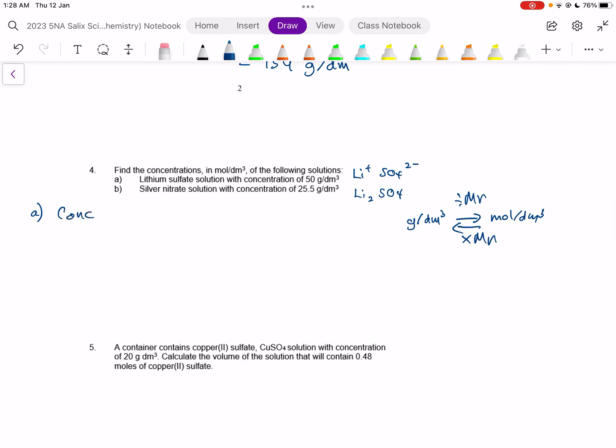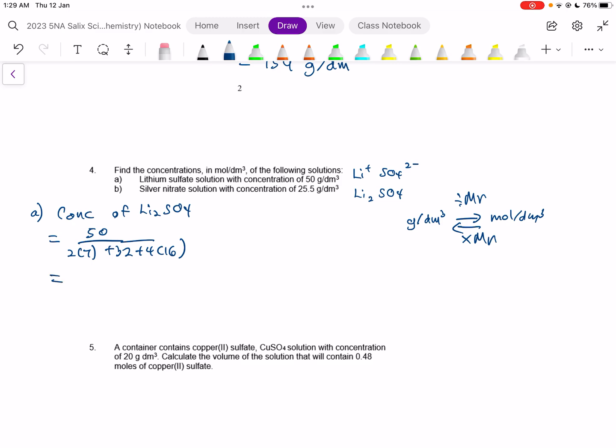So the concentration of Li2SO4. You take 50 divided by the Mr: 2 times 7 plus 32 plus 4 times 16. Let me check it out. Okay, correct.